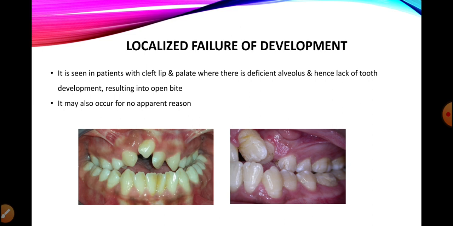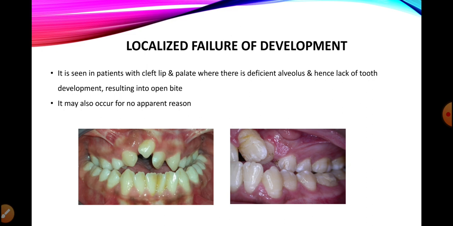As we have discussed in crossbite as well, in cases of cleft lip and palate, the maxilla itself is deficient in all three planes of space, particularly due to the scar tissue that is formed at the cleft.